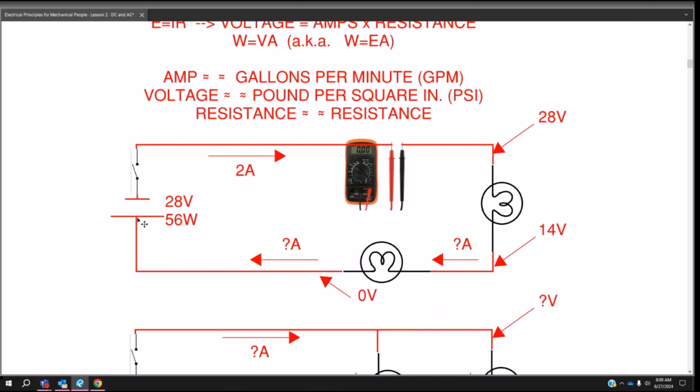You'll hear me start to use those words interchangeably, potential and voltage. It's literally the same thing. So if you've got 2 loads and the loads are equal, assuming resistance is equal between the 2, half of the voltage is going to drop across the first load, and the other half of the voltage is going to drop across the second load.